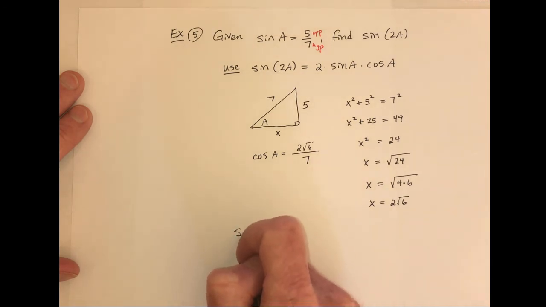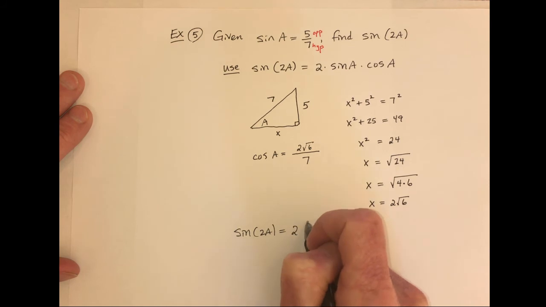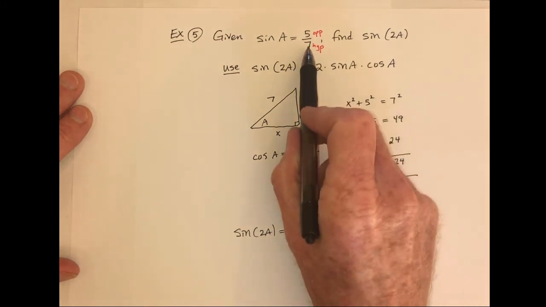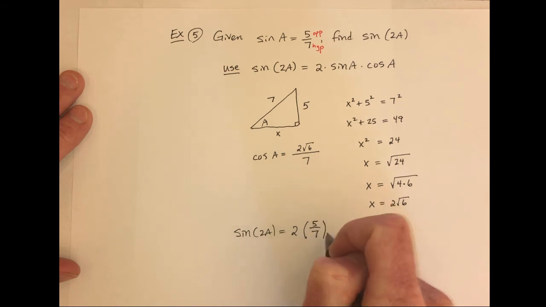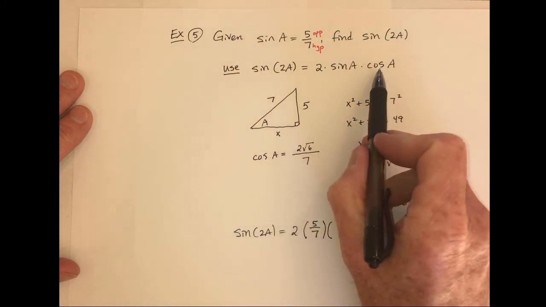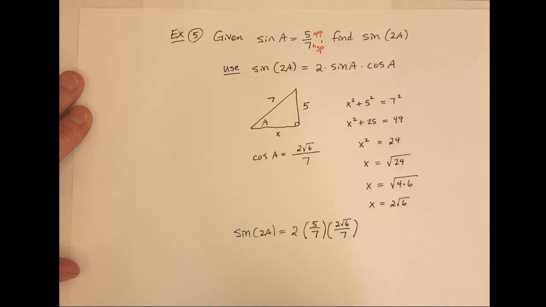And then finally, sine of 2A equals 2 times, then replace sine with the fraction 5 over 7, and then replace cosine with this fraction, 2 square root of 6 over 7. And then I'm looking to see if I can cancel anything, but I cannot.